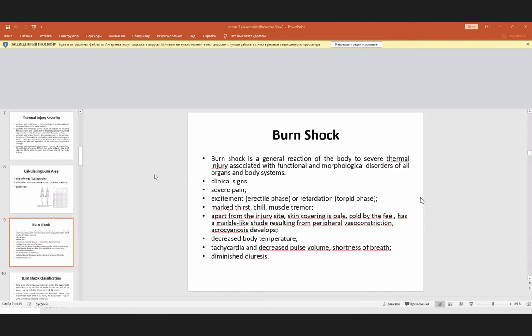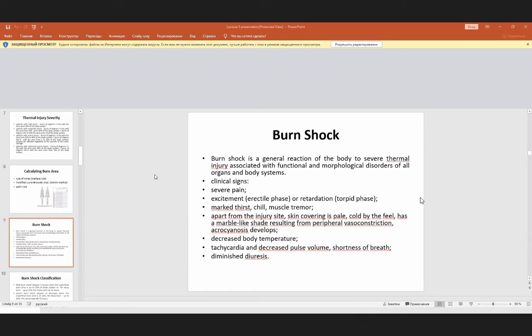Burn shock usually develops when the burn area exceeds 20 or 30% of body surface, or in the case of a deep burn involving 10% of the body surface. Moreover, in a patient with combined thermal and mechanical as well as multi-factor injuries, it can develop when a smaller area is affected.